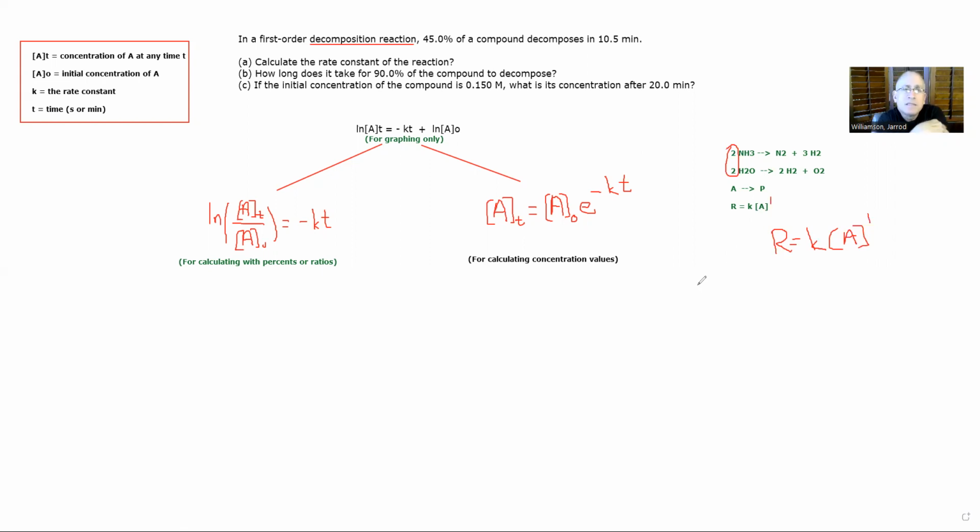Then it says 45% of a compound decomposes in 10 minutes. Here I'm wanting to know concentration over time.